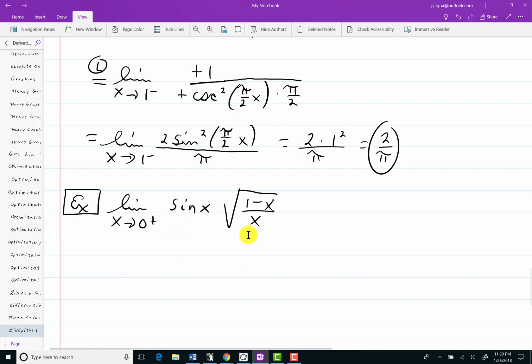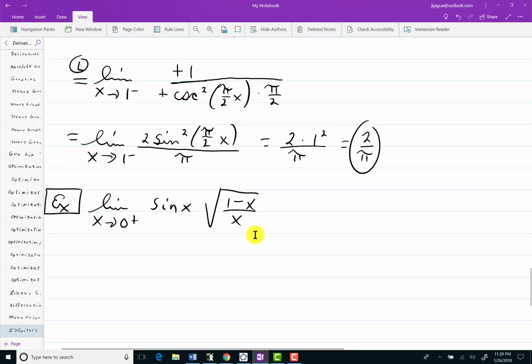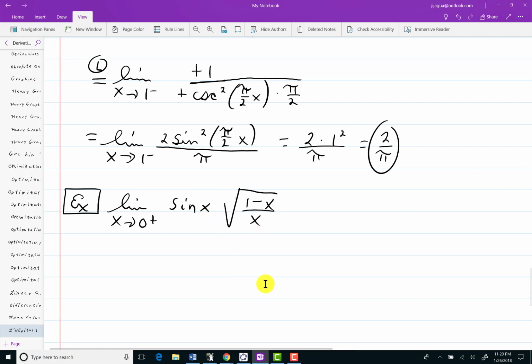But here, I'll get a 1 in the numerator inside the radical, but down here, that thing is going to 0 from the right-hand side. So 1 minus x is a positive number in the numerator, and x is going to 0 from the positive side. So this piece is going to positive infinity. Well, the square root of it is therefore going to positive infinity. So I have a 0 times infinity format.